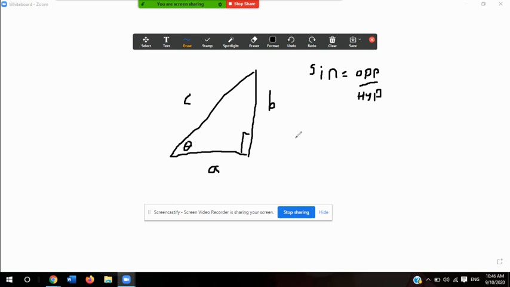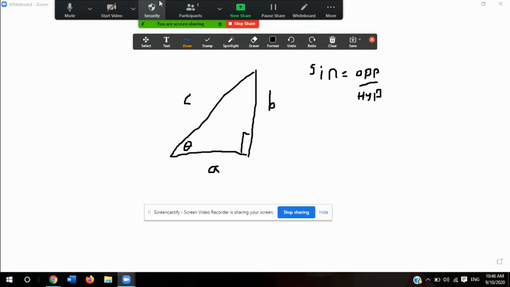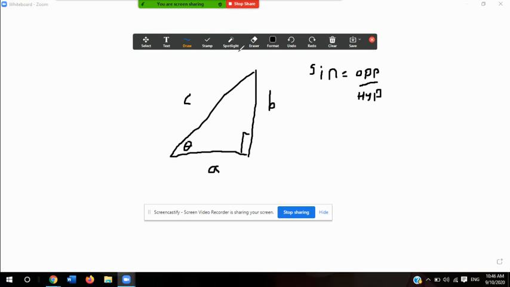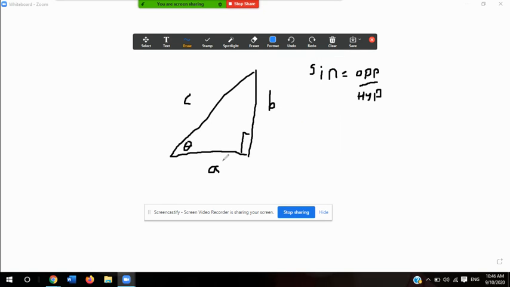So when I say opposite, I mean opposite to the angle that we're going to use as a reference angle. In this case, let me highlight it in a different color, the angle that we're using as a reference is this one right here.